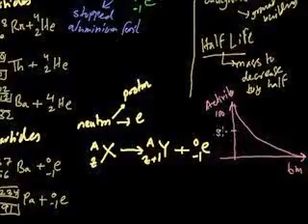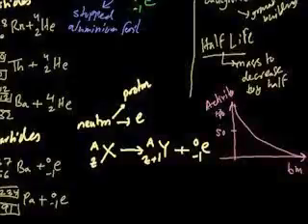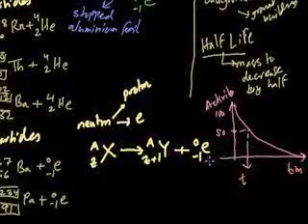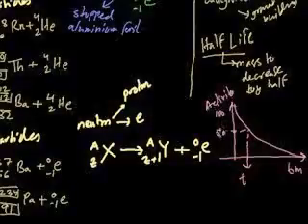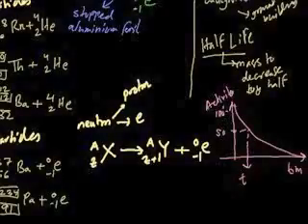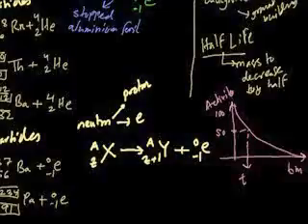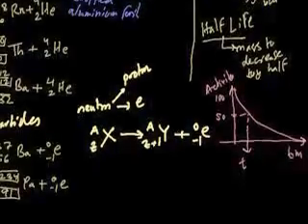The half-life would be the time it takes for the activity to go down from 100 to 50. So this time would be the half-life: the time taken for half of the mass to decay, so the time taken for the activity to become half of what it was previously. So from this the half-life can be calculated.